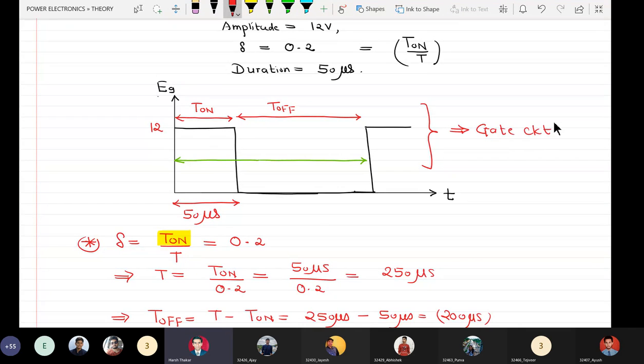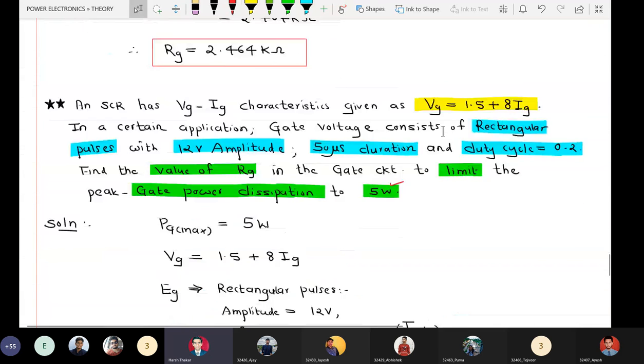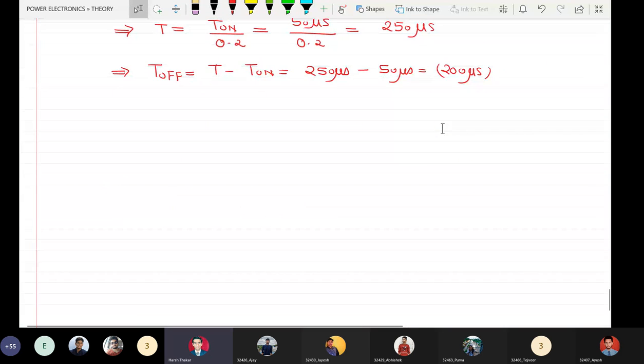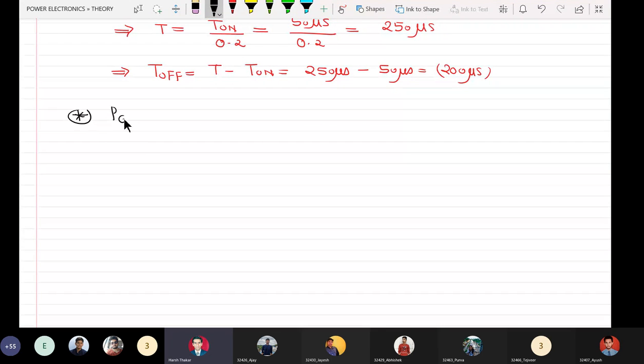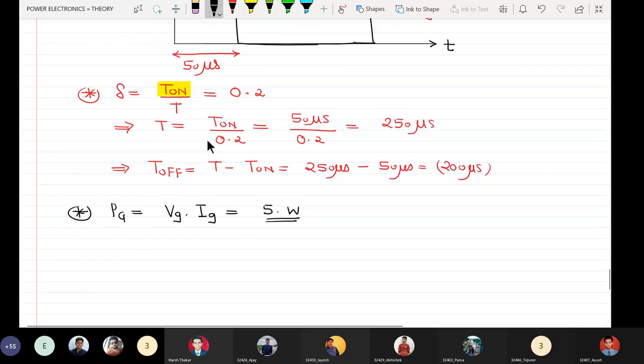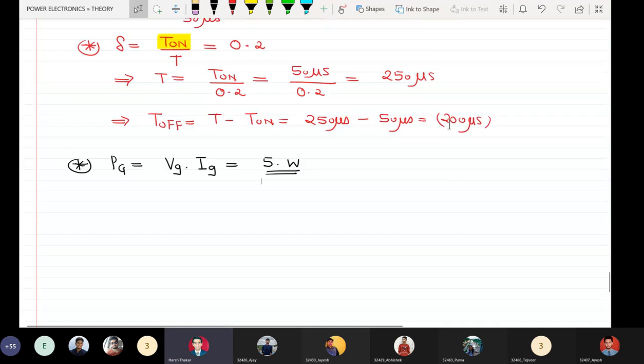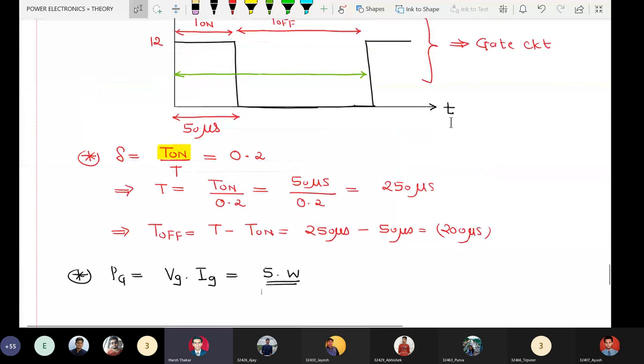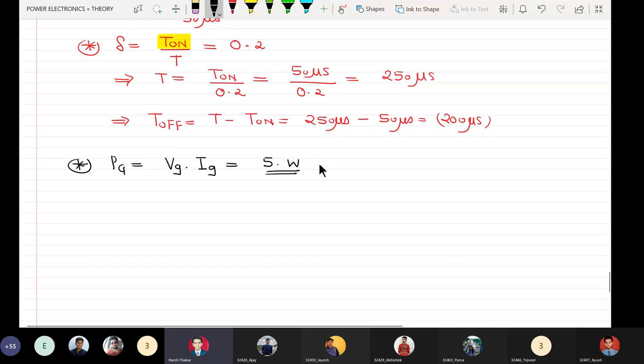So gate dissipation is given as 5 watt, given Pg is equal to Vg into Ig equal to 5 watt. Now this is the average gate dissipation.